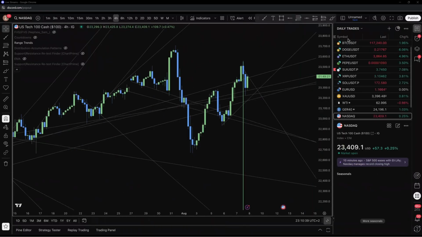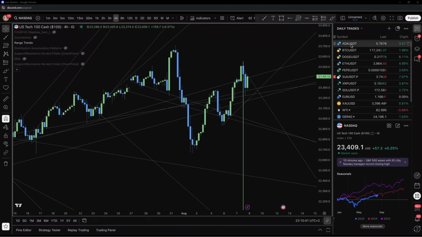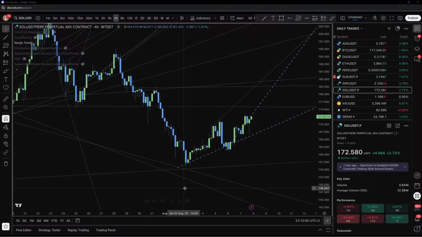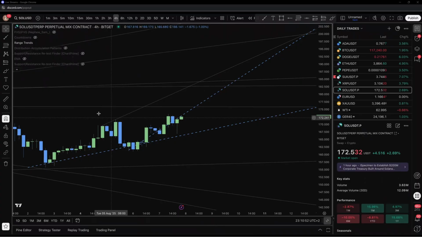I wonder how that's actually physically happening. I guess here we maybe have a range trend, and then we have the actual trend as well, acting as support or resistance to it.